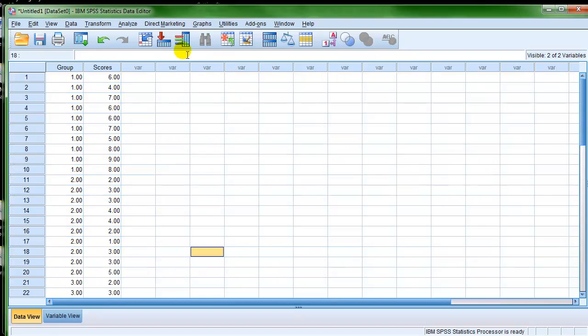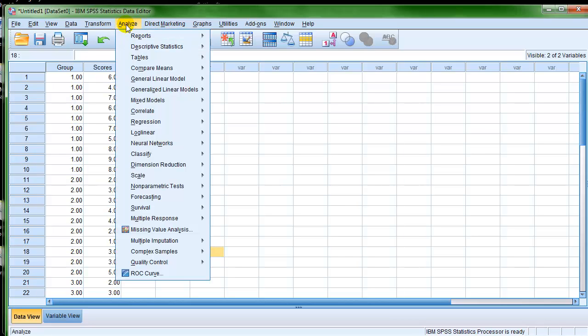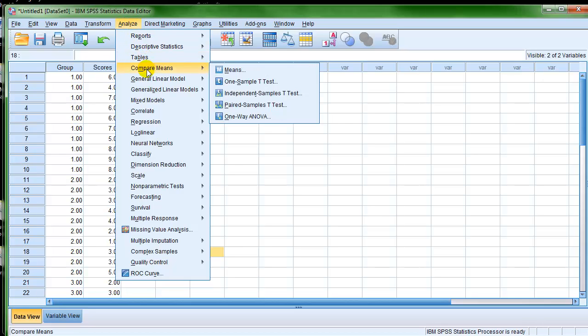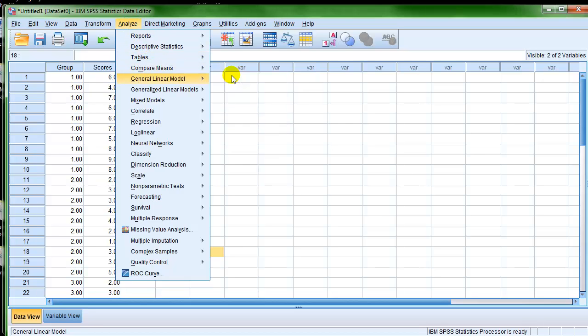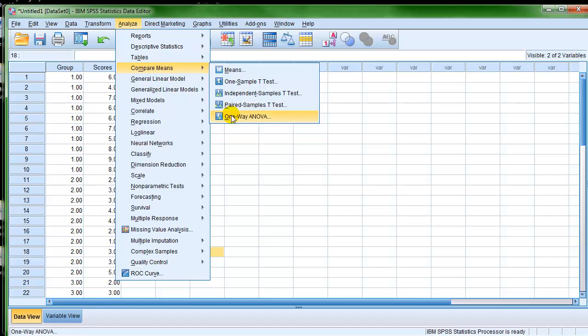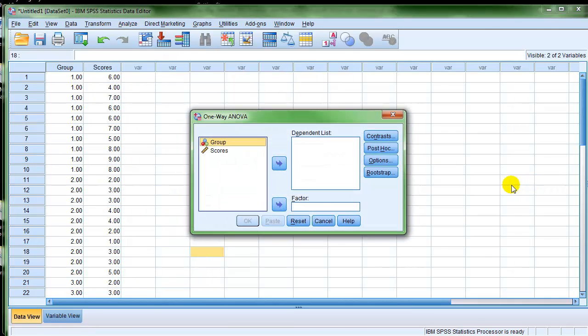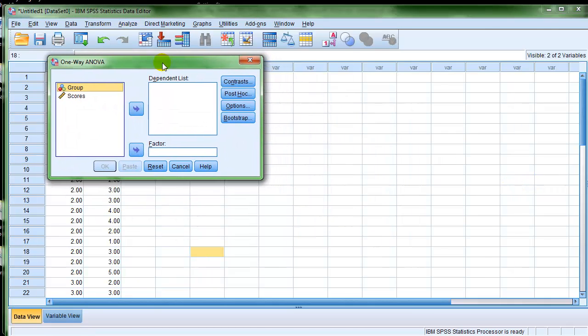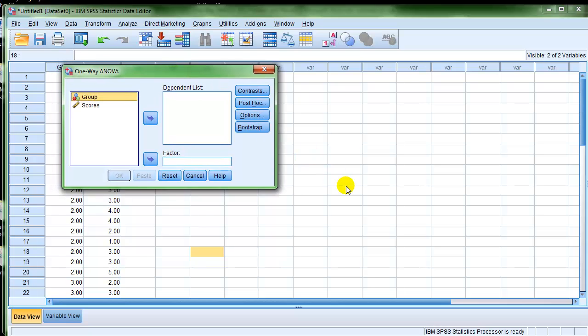Okay, same thing. So to run the test, we're going to go to Analyze. We are going to go to Compare Means, and we are going to go to One-Way ANOVA. Okay, that brings up this dialog box here. And our dependent variable is obviously scores, and our factor is going to be group.